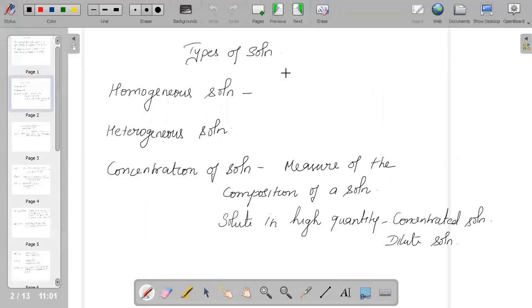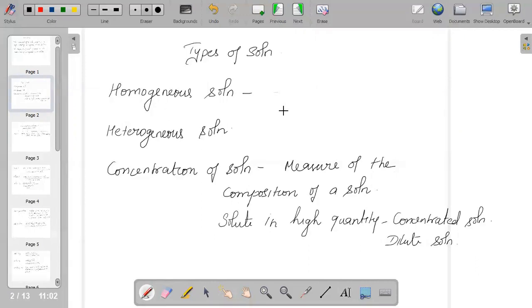Basically, solution is categorized into two types, that is homogeneous solution and heterogeneous solution. If it has uniform composition and properties throughout the solution, it is a homogeneous solution. For example, a solution of salt or sugar in water, or simply a cup of coffee.